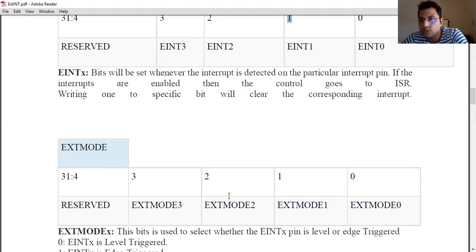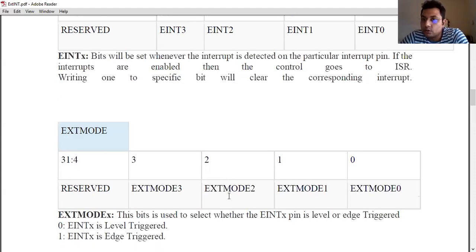So edge triggered interrupts are also a possibility. To do so, we have the external mode register. Here we will define the mode on which we will acknowledge the interrupt, whether the interrupt would be acknowledged on the level of the signal or on the edge of the signal.